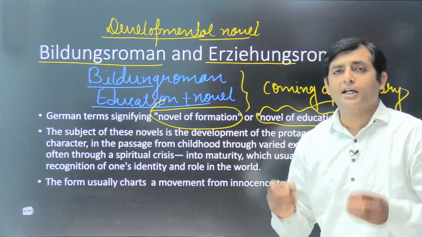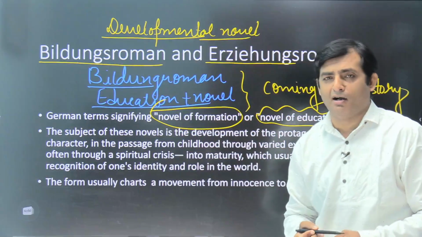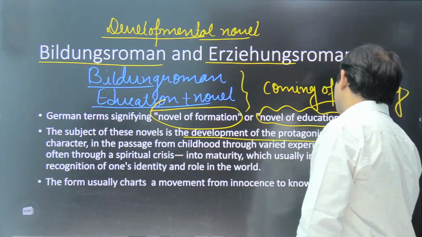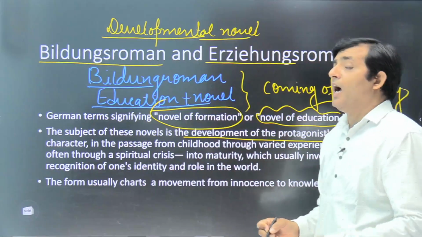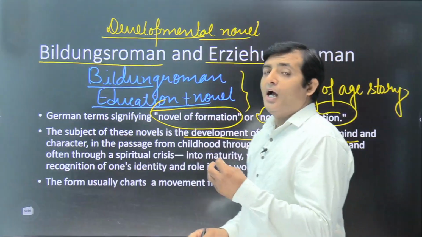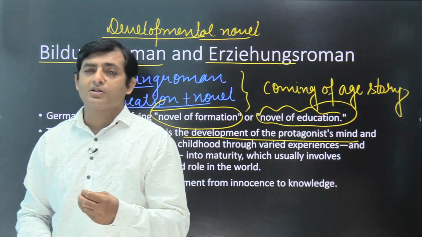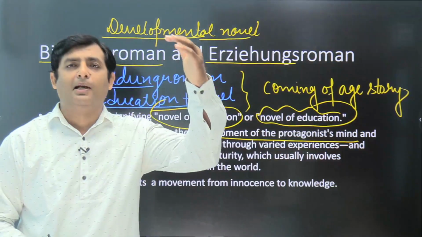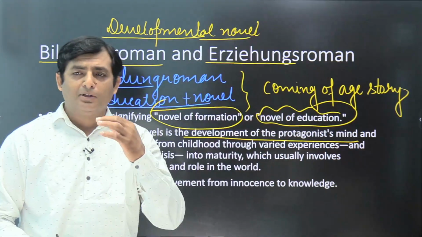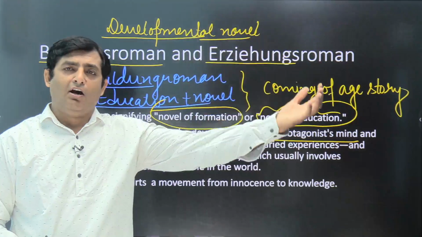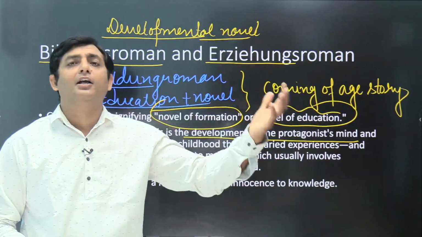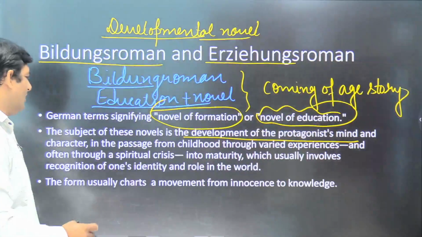And the subject, the content of these novels is to develop the character, the development of the protagonist's mind and character. Mind as well as character. You could say that Bildungsroman is also the psychological development of the protagonist from the innocence to the knowledge, from the innocence to experience. This is the journey of Bildungsroman, right?